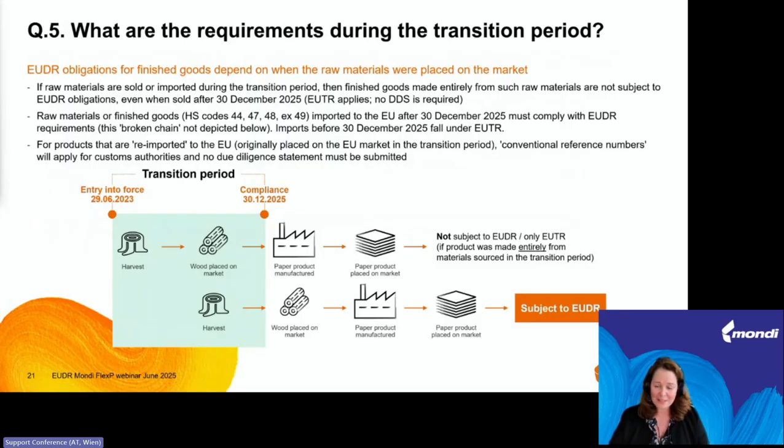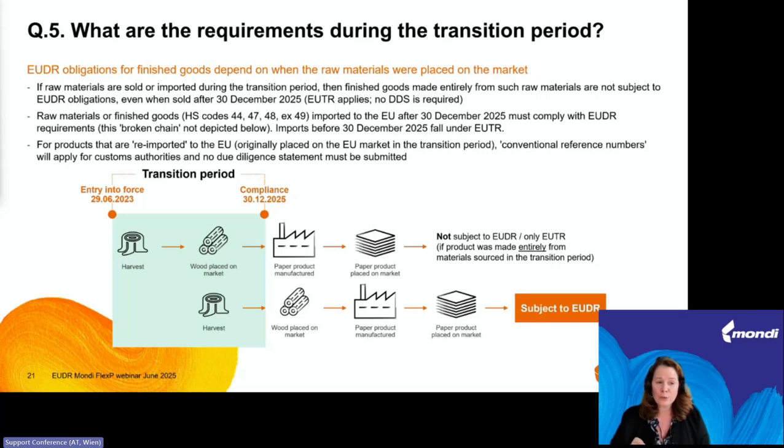Yes, so because the transition period is a bit complex, we thought we would break it down for you one more time in a little bit more detail, because the obligations depend on that. Yeah. So starting with the first point, if the raw materials are being sold or imported during this transition period, which again is from mid-June 2023 until the end of this year, then the finished goods made from those raw materials are actually not subject to EUDR obligations.